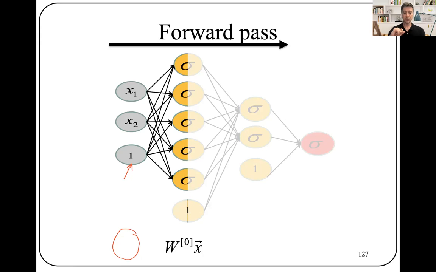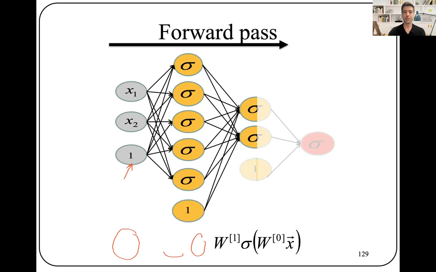To generate the output, in the case of this network, we're going to multiply our input by the weight matrix of the first layer, which is W0. Then we're going to apply our activation function, which could be a sigmoid, for example.